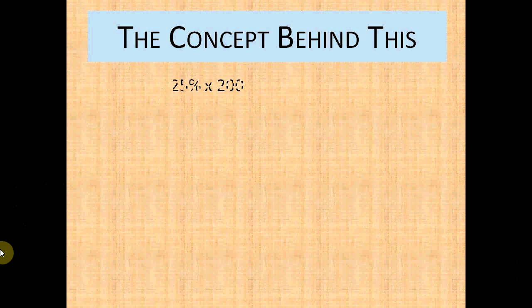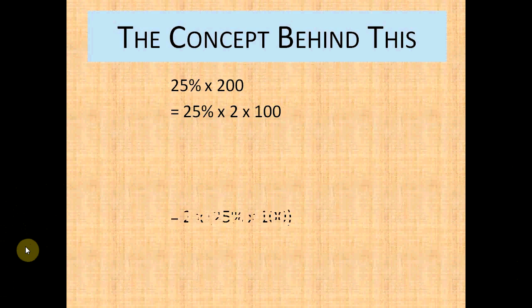Now, let's say I had to calculate 25% of 200. This 25% of 200 can be written as 25% of 2 multiplied by 100. As there is multiplication over here in both the cases, I can bring this factor of 2 to the front.